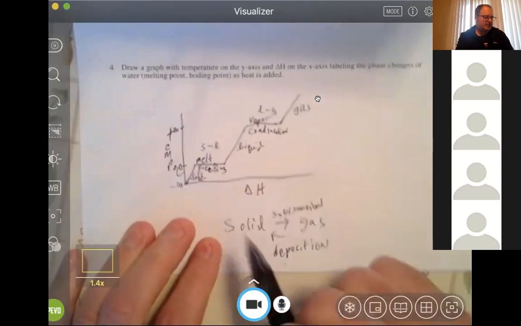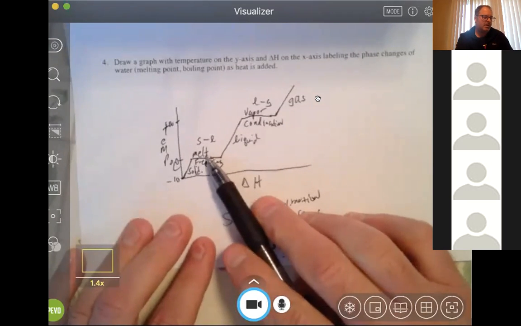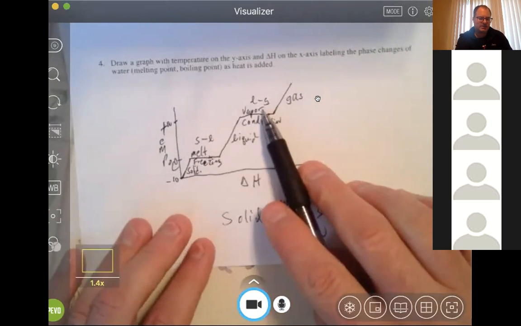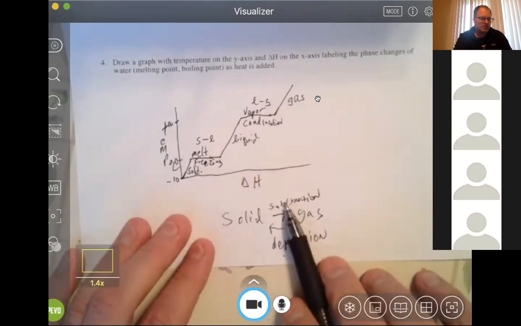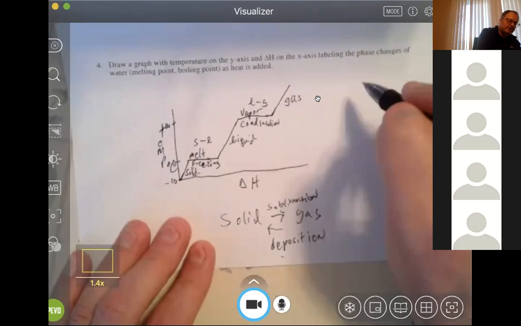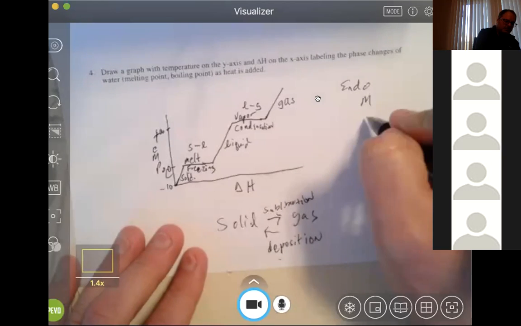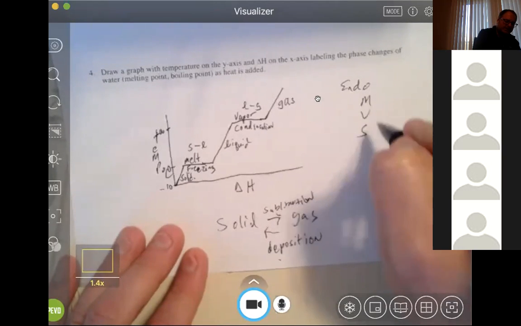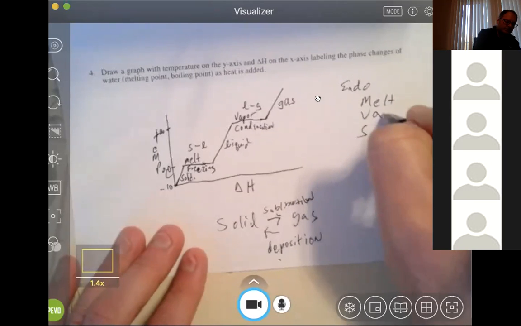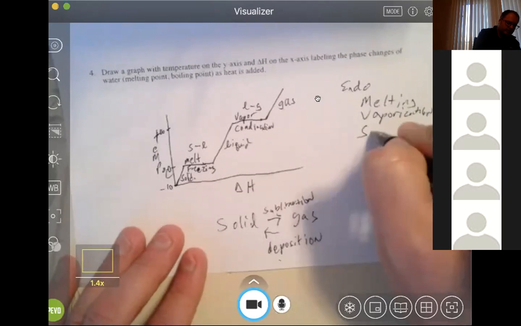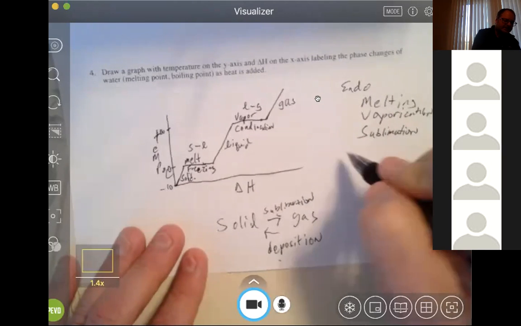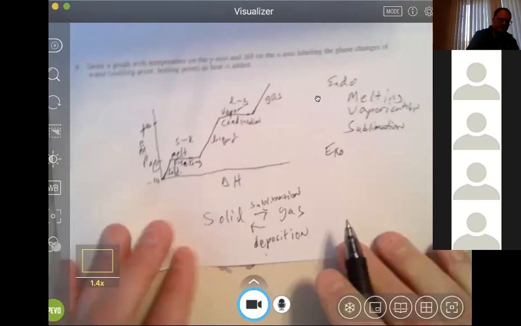So if we take a look, melting and vaporizing, the ones written on top, and sublimation, those are all endothermic. Exothermic processes is when we lose heat.